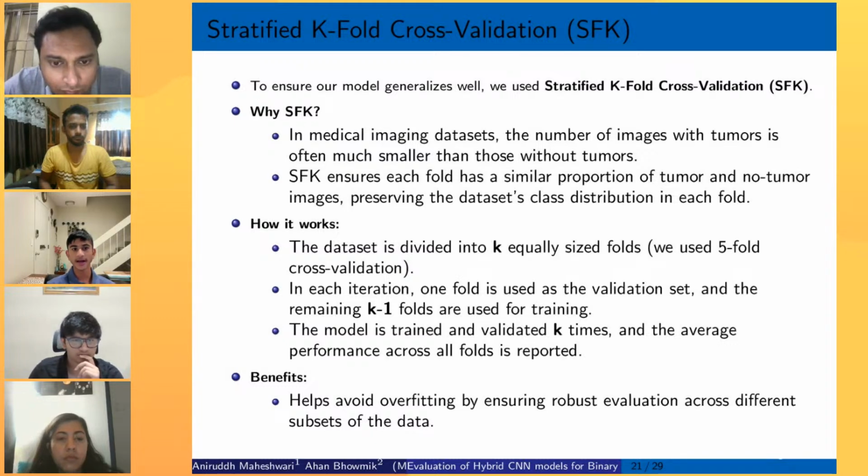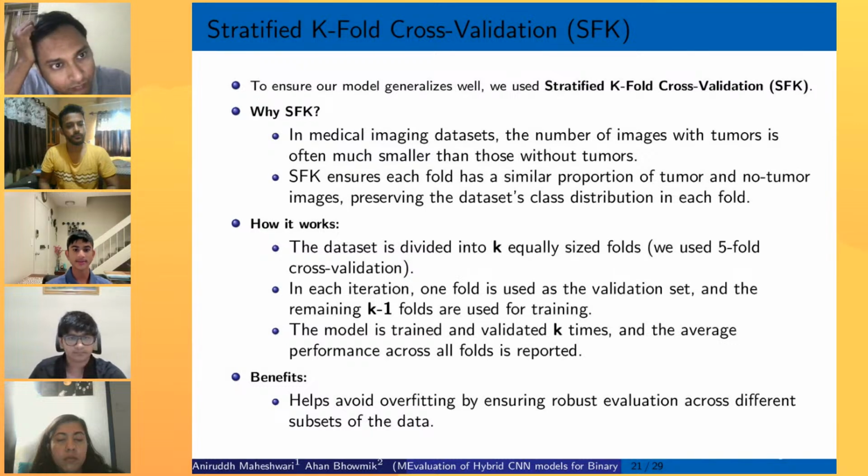In each iteration, one fold is used as a validation set, which is also known as a testing set because we test the model's performance and ability to classify on this set, and the remaining k minus 1 folds are used for training. So in our case, we have 20 images as the validation set and 80 images as a training set. And we iterate this k times, or 5 times.